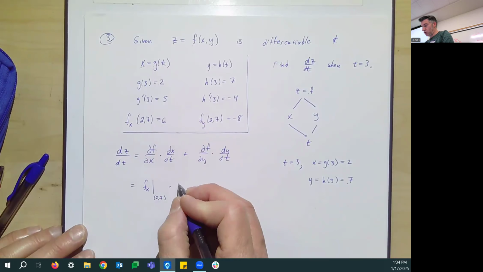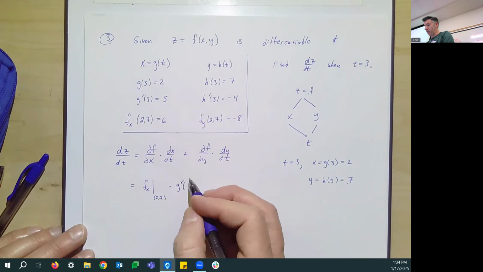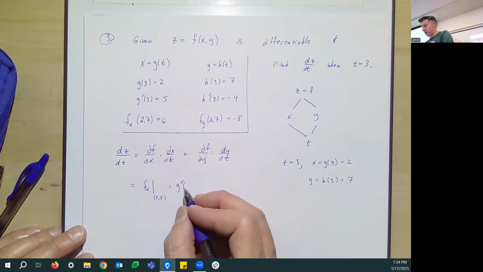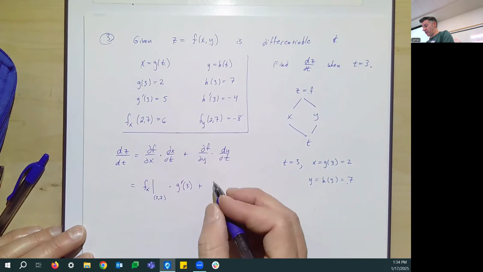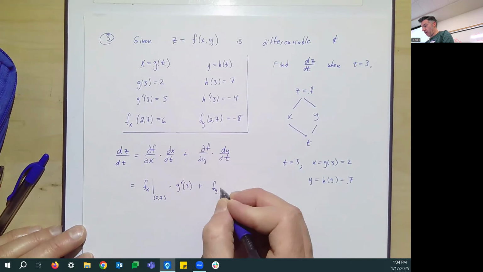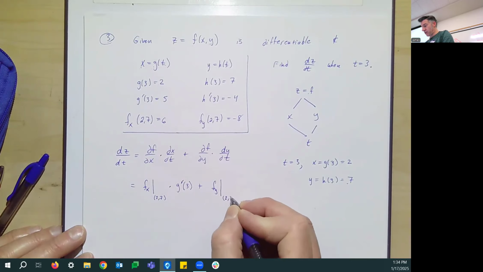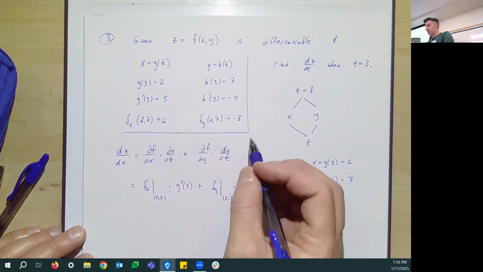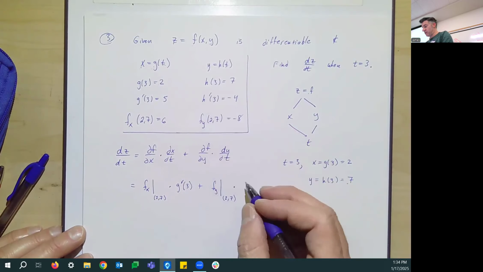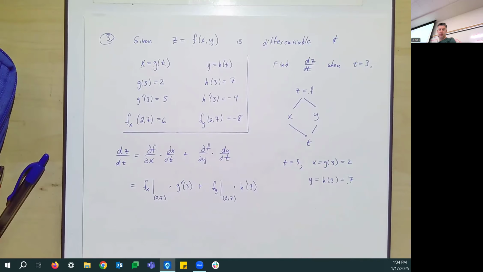That's going to be g prime of, I'm going to plug in my t value, which is 3. Same deal over here. Del f del y, I'm going to write as fy evaluated at the xy values, 2 and 7. And then dy dt is just another name for h prime of t, or h prime of 3 if I plug in the values.